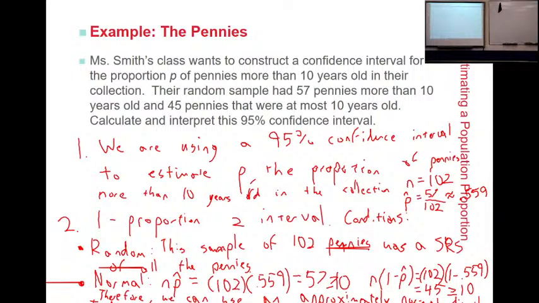We're making the assumption here in doing this calculation that there are more than 10 times the sample size. So 10 times 102 pennies in the collection.